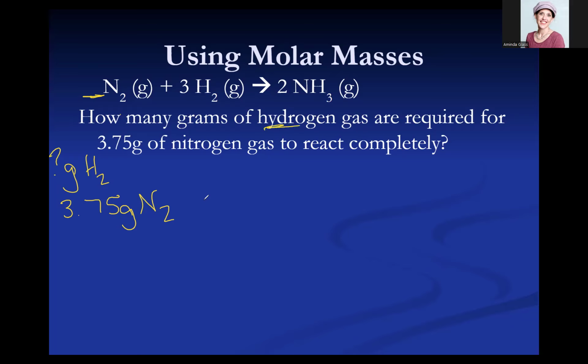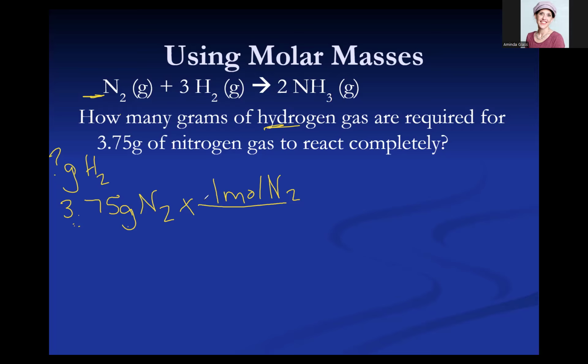I'll know how many moles of hydrogen I need, and then I can turn that into grams. So let's see how many moles of N2 this is. So say times 1 mole of N2 for every, oh, how do I find my grams in 1 mole for N2?